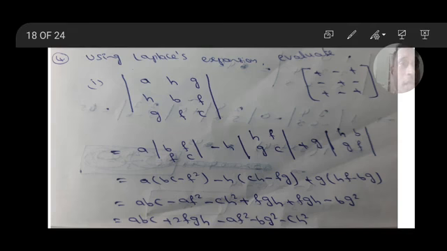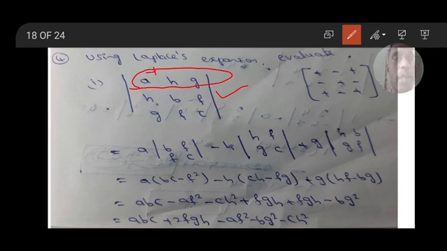Using Laplace expansion, evaluate. Fourth problem. The open bracket means determinant: A, H, G, H, B, F, G, F, C is the determinant matrix. So I am taking the first row. First row means the first one is plus, next one is minus, next one is plus: plus A into its minor, minus H into its minor, plus G into its minor.